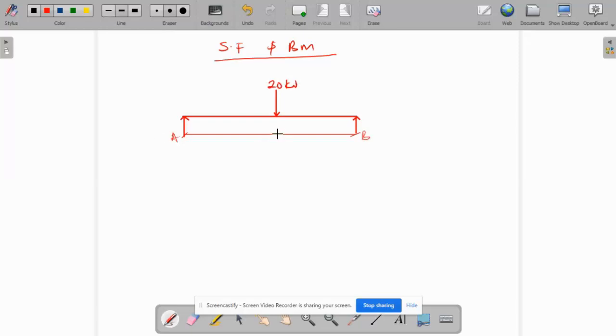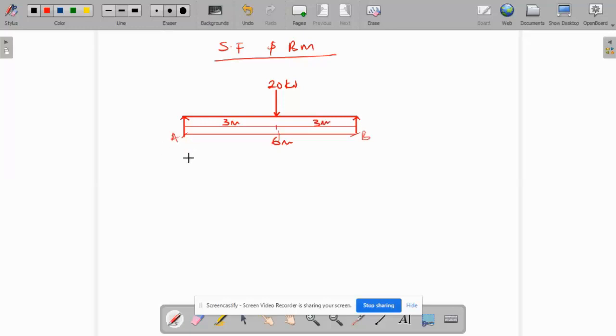Okay, we can still draw another line, make it faint. Let's say if this is 6 meters, so this is 3 meters and this is 3 meters.